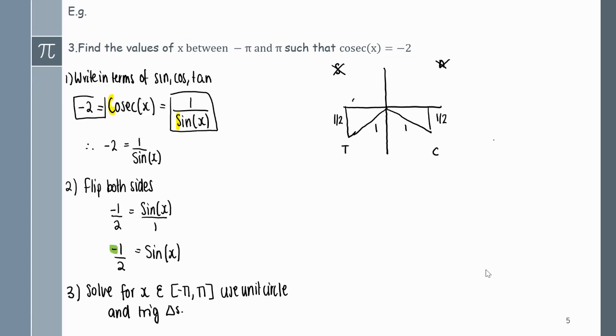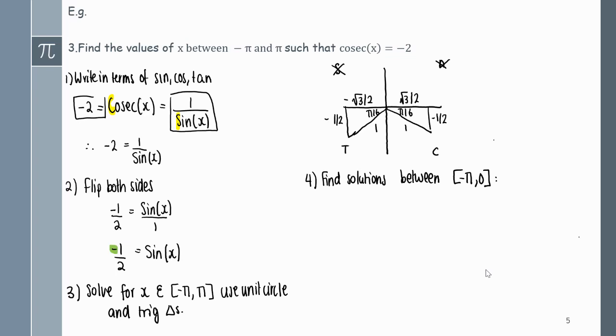I know my triangles to put in here, where we have a half over 1, and that will be opposite a pi on 6 for my unit triangle. So then I know that x has a few values involving pi on 6.